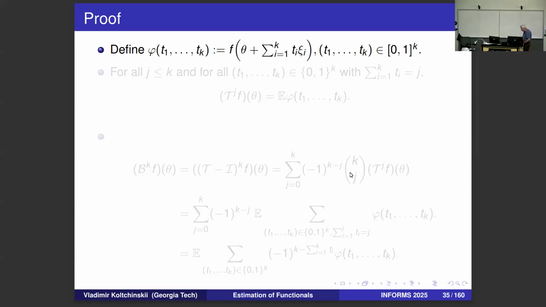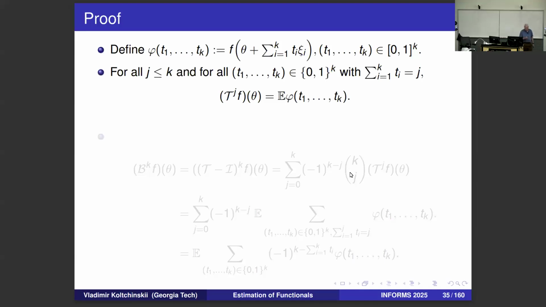Then the first observation is that for any j less than or equal to k, if we consider (t1, ..., tk) which is a vertex of the cube, so it has coordinates that are either 0 or 1, and it's such a vertex that the number of coordinates equal to 1 is equal to j, then T^j f of theta can be written as the expectation of this function, for any such vertex.